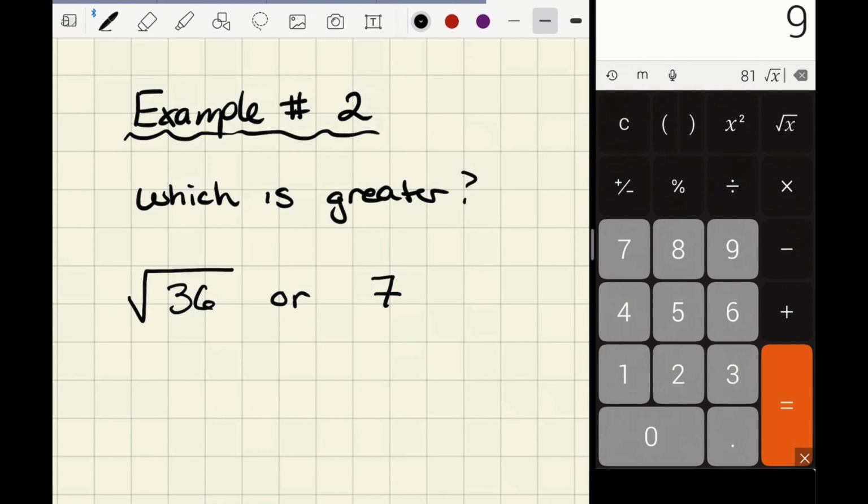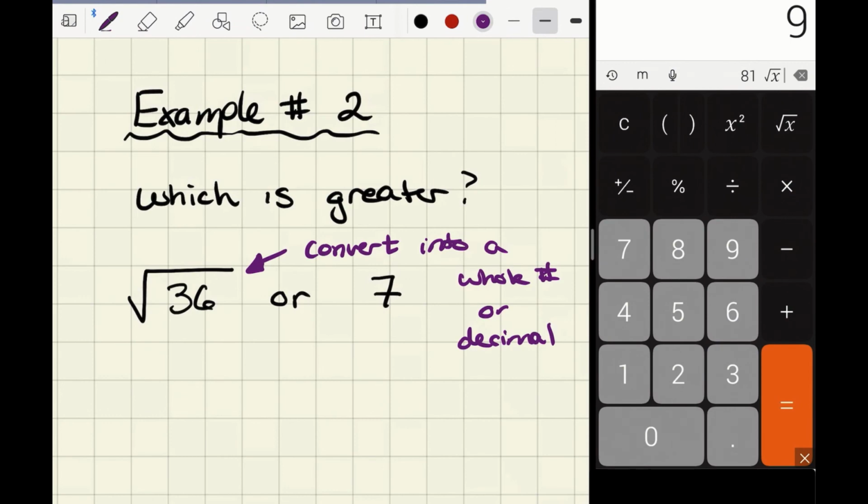Okay, you should have tried this problem. The first thing you need to do is you need to get these two numbers so that they look kind of the same, which means that you need to convert that value into a whole number or decimal. So let's go ahead and plug it in. 36 square root is 6.